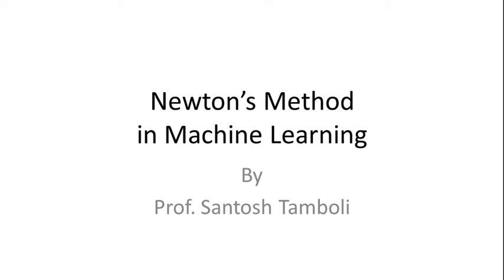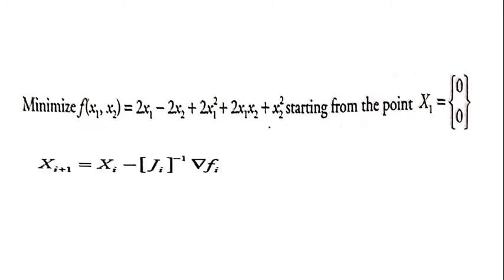Today we will see Newton's method in machine learning. So let us consider a function f of x1 comma x2 that I want to minimize, and the equation is 2x1 minus 2x2 plus 2x1 square plus 2x1 x2 plus x2 square, and the starting point is given as x1 equal to 0, 0.